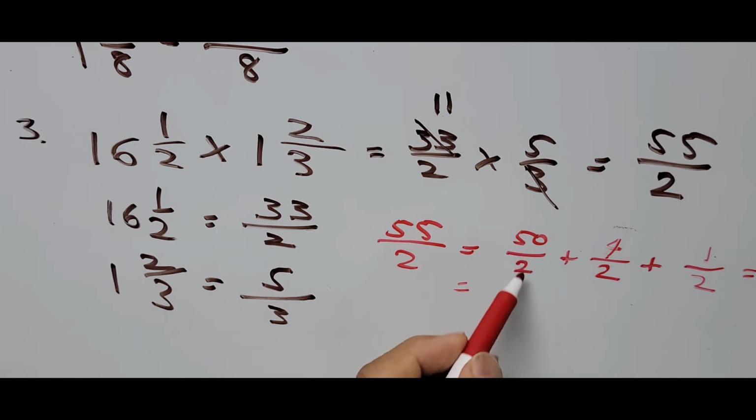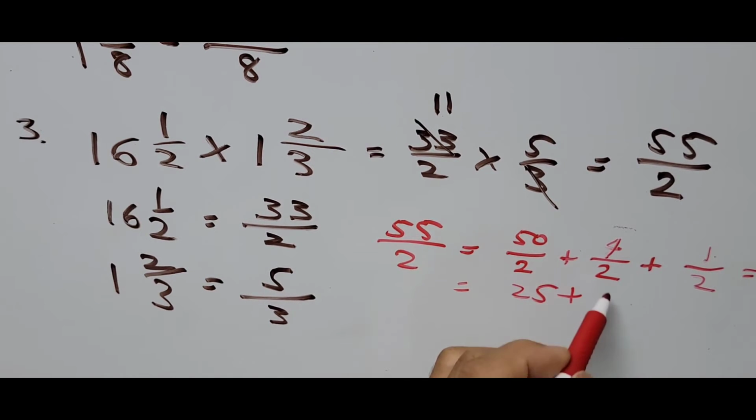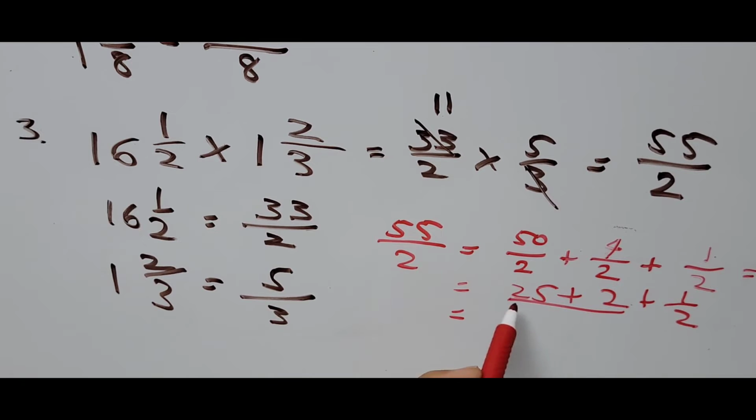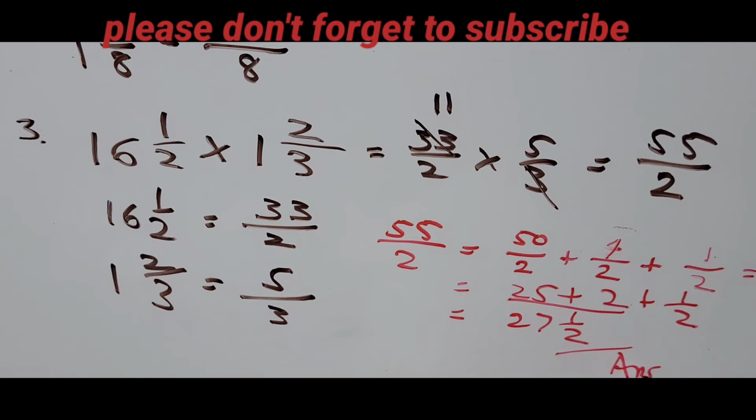And in here, 50 divided by 2 is 25, plus 4 divided by 2 is 2, and then fractional 1/2, and we can combine that now. 25 plus 2 is 27, and combine that 1/2. So the whole number is 27, fractional part 1/2. So that should be the answer.